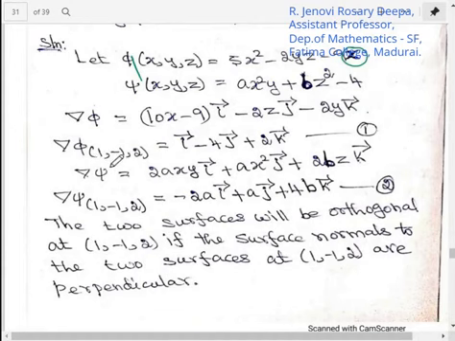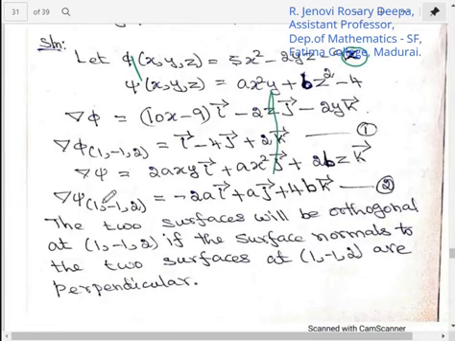Then del psi, the gradient of psi, you have to find. That means you differentiate psi partially with respect to x, y, z. With respect to x, the value is 2axy i vector. Then dou psi by dou y j vector is ax squared j vector, plus dou psi by dou z k vector, that is 2bz k vector.